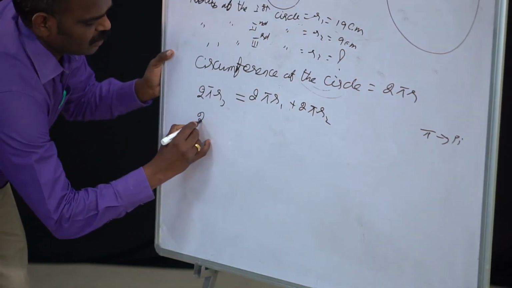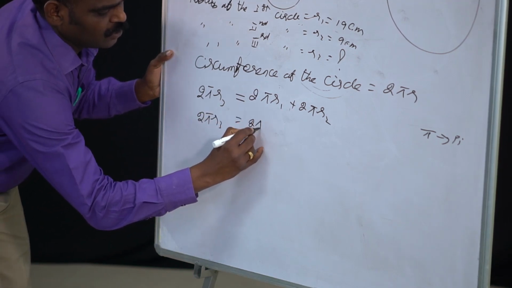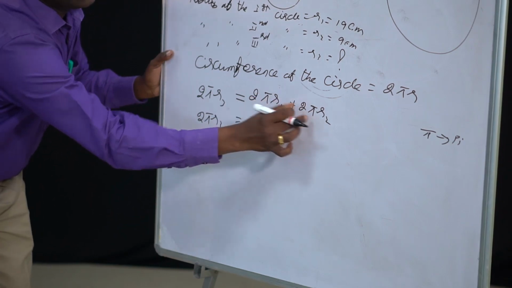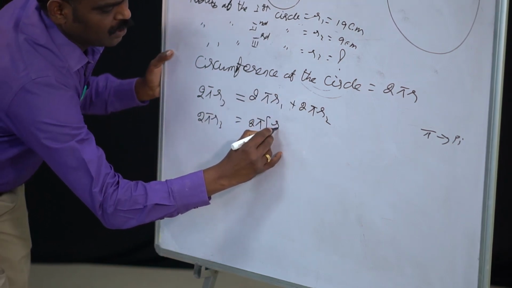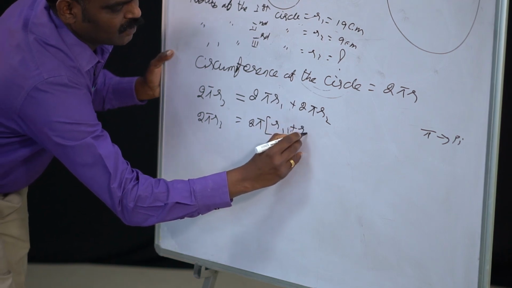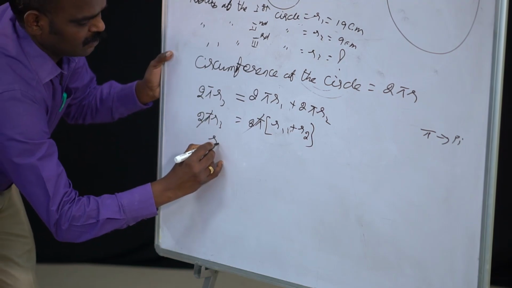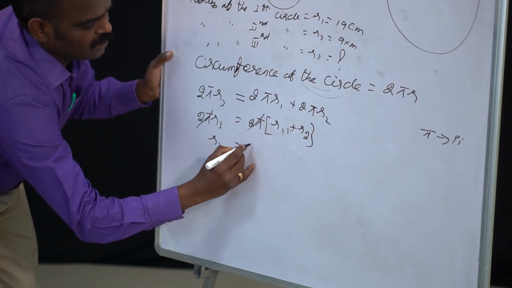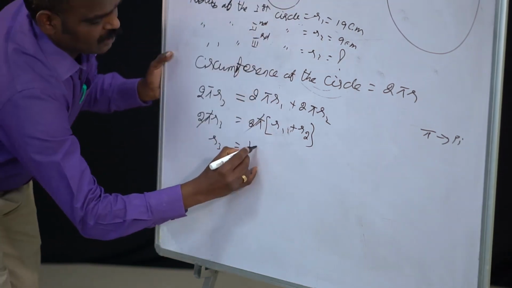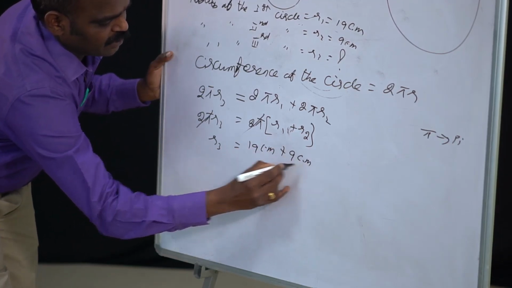Both sides have 2 pi, you take it common: 2 pi r3 equals 2 pi times (r1 plus r2). 2 pi and 2 pi cancel, r3 equals r1 plus r2, that is 19 centimeter plus 9 centimeter.